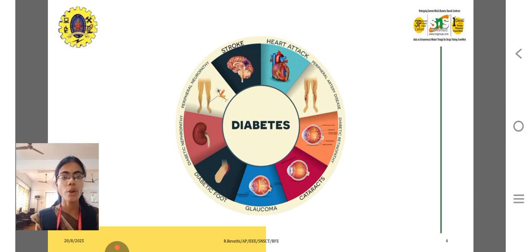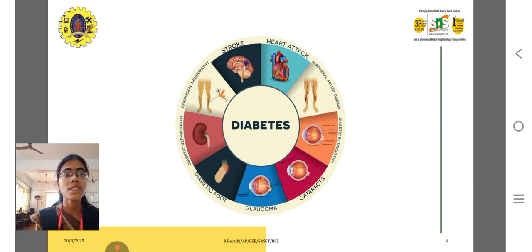Whenever the body's glucose level increases, the insulin secretion level gradually decreases. That causes diabetes. Whenever the pancreas is non-functioning, or does not produce enough insulin that is required for our body, it may lead to diabetes.